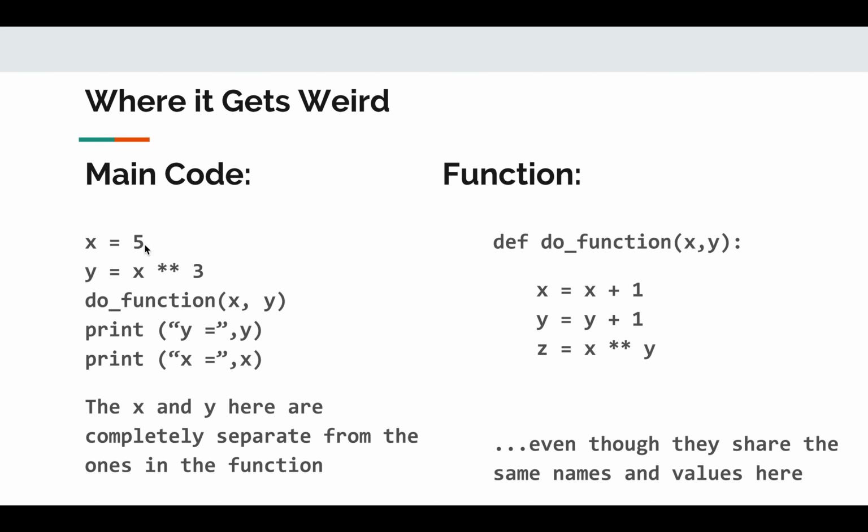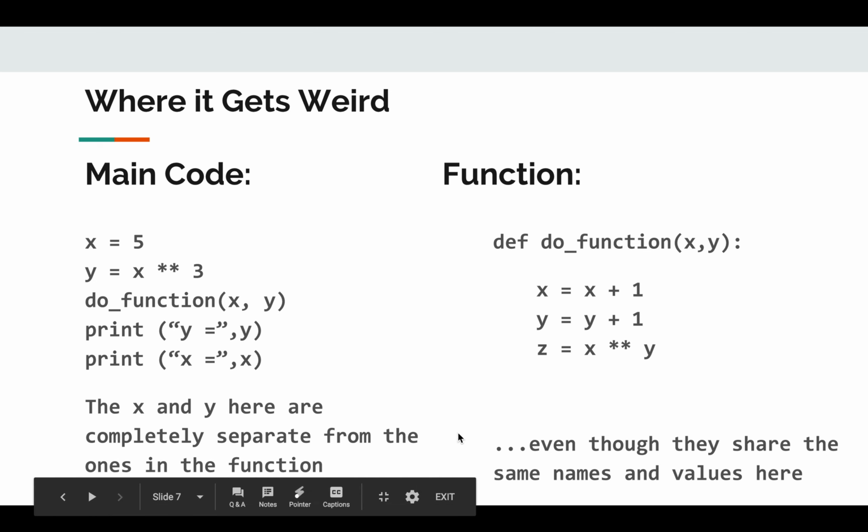So now we set 5 equal to x, and we have y equals x cubed. But now we want to send that information to this function. And so we say, hey, send x and y over to this function. And this function says, hey, you're going to send me information that's called x and y. And the thing to know about this is that it's still separate.